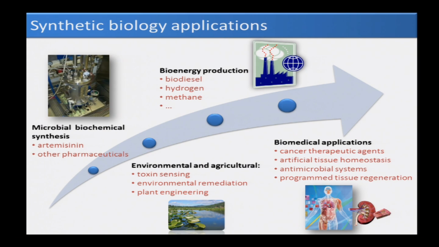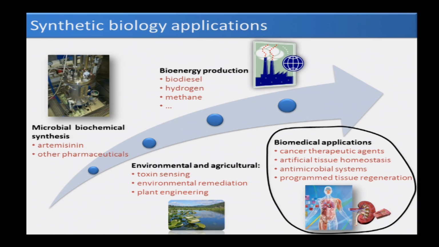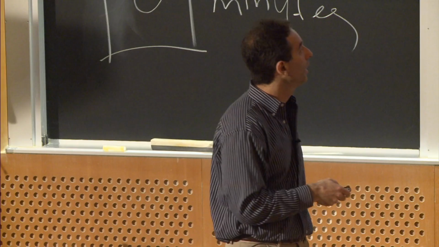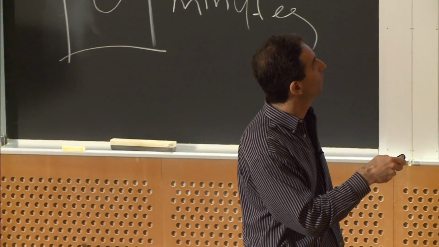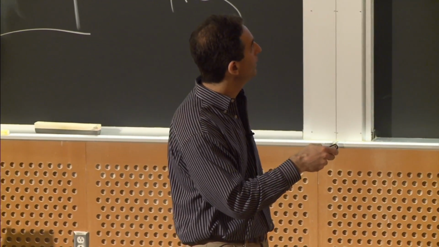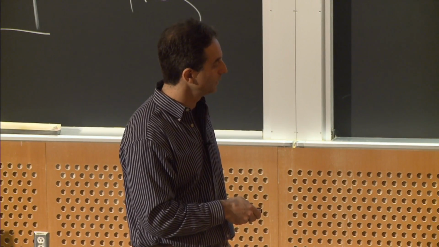But over the last few years, there's been a growing interest in health-related applications. My lab in particular looks mostly at health-related applications, and I'll give you examples of those today. Those include things involved with cancer, diabetes, and tissues by design.